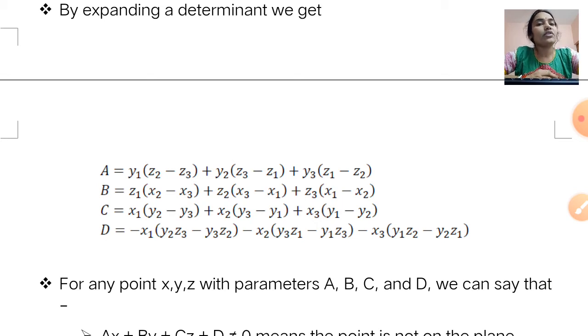And C equals x1 into y2 minus y3 plus x2 into y3 minus y1 plus x3 into y1 minus y2. In this way, D equals minus x1 into y2 z3 minus y3 z2, minus x2 into y3 z1 minus y1 z3, minus x3 into y1 z2 minus y2 z1.